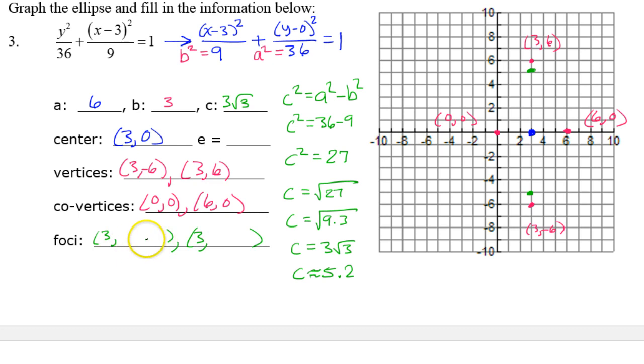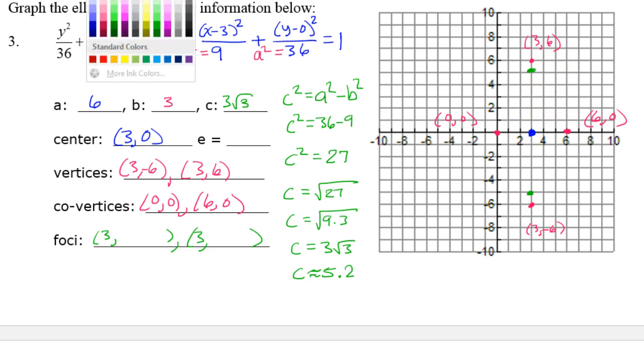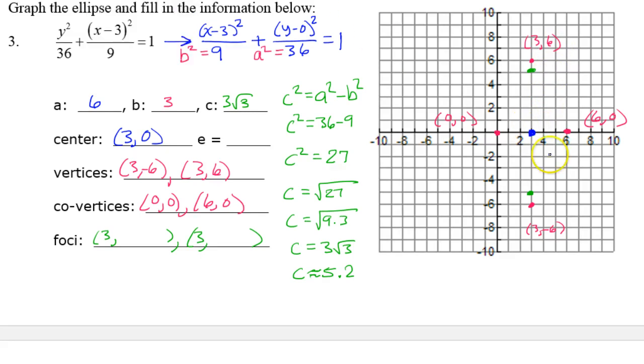I'm leaving a little extra space for the y value because I'm going to have an expression in here. So for the y value, I need to start by looking at the y value of the center. In this case it's pretty simple because the center here is 3 comma 0. The y value is 0, so that makes it a little bit easier than it normally would be. Because we're doing 0 and then we're going up c, which is 3 radical 3.